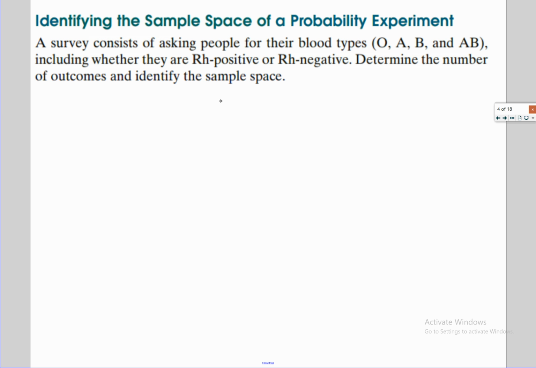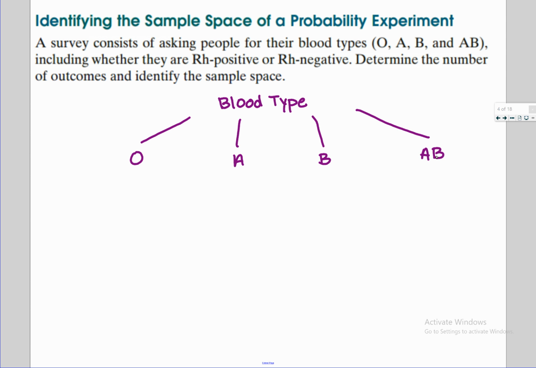So we'll make a little branch here. Blood type. And then we're going to have 4 branches, 4 possible answers to that question: O, A, B, and AB. From there, depending on how they answer, there could be 2 more things coming off of each branch. Somebody could be either Rh positive or Rh negative.